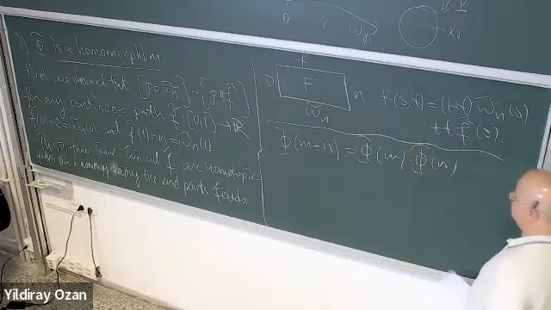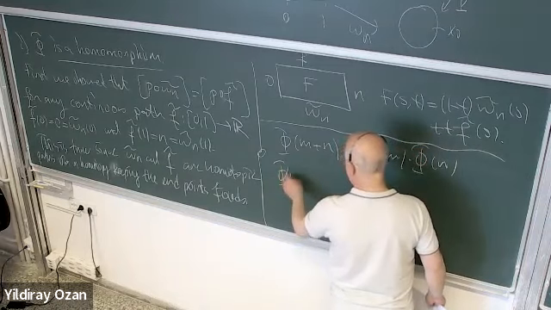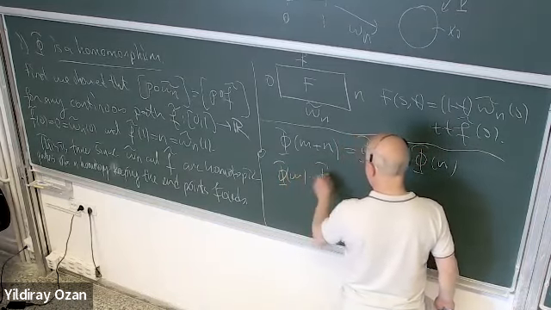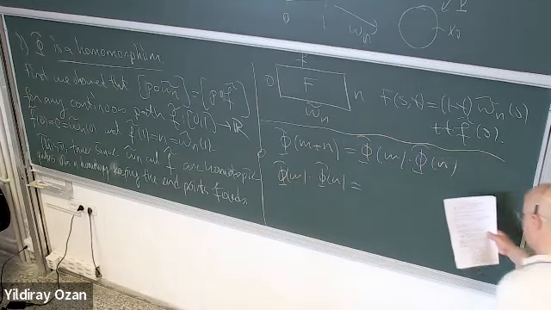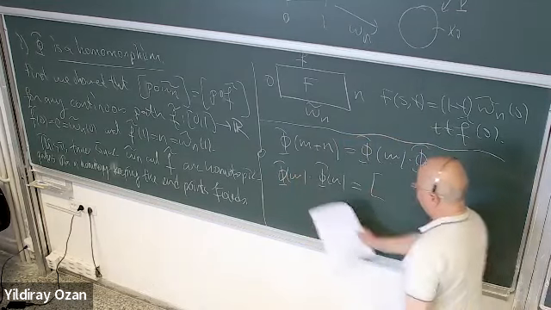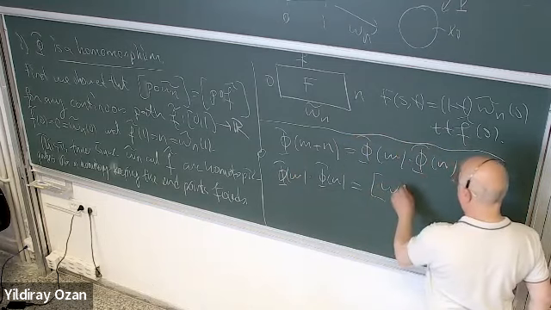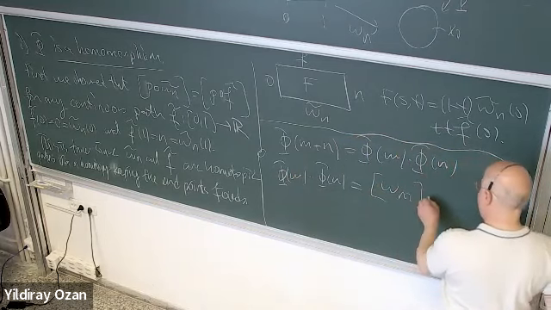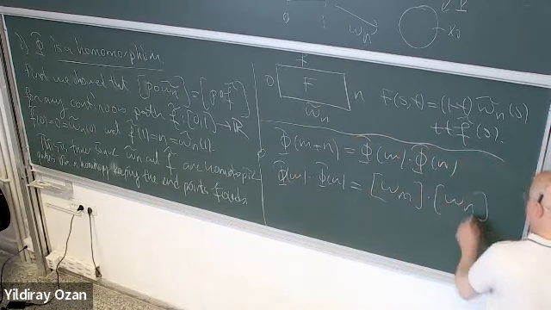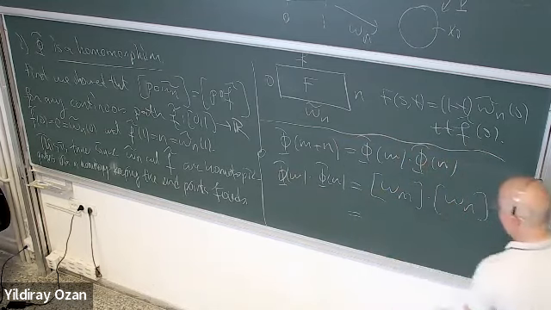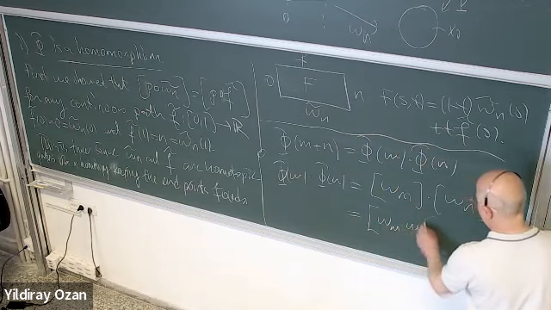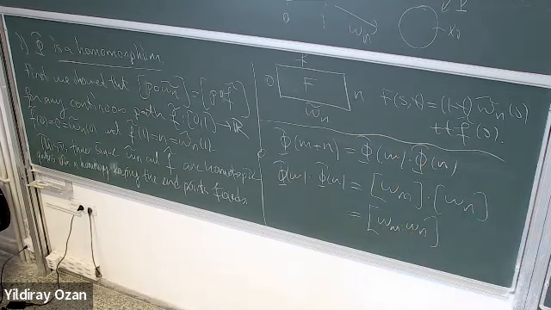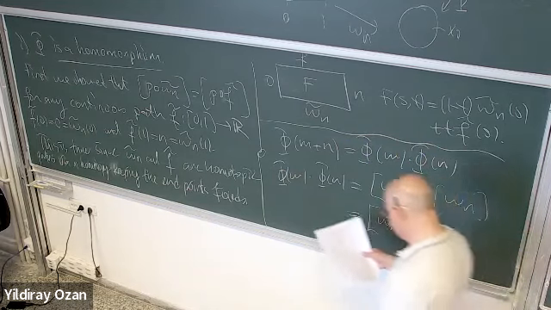Now, to show this equality, I start from the right-hand side and show that it's equal to the left-hand side. And we proceed as follows. This is the homotopy class of Wm, and this is the homotopy class of Wn. Well, the product of the homotopy classes is just the homotopy class of the product of the paths. So it's equal to this one.